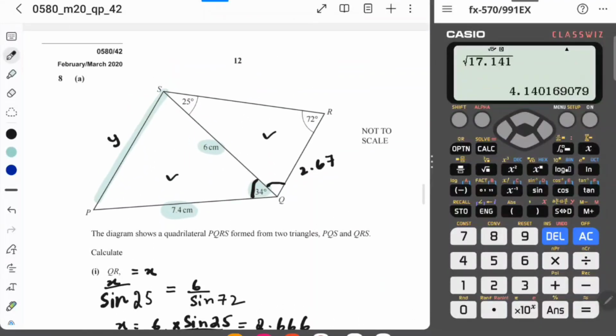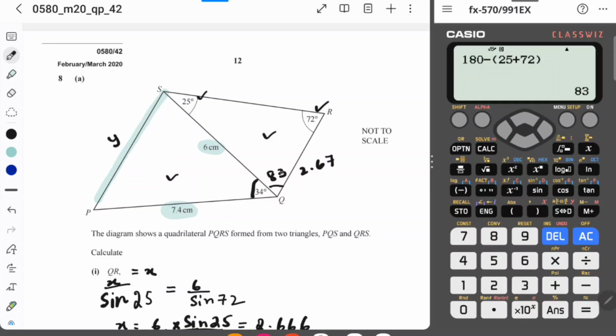First of all, calculate angle Q. So what do you do? 180 minus the other two angles, 25 and 72. Actually we are finding this angle, so 25 and 72 added together and subtracted from 180 degrees, because the total of the angles of any triangle is 180 degrees.